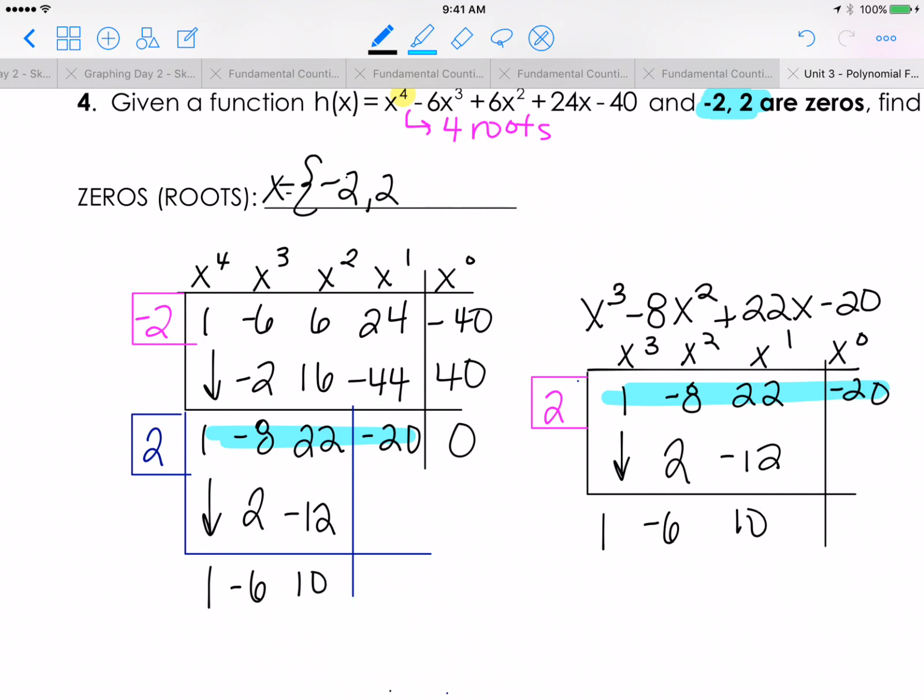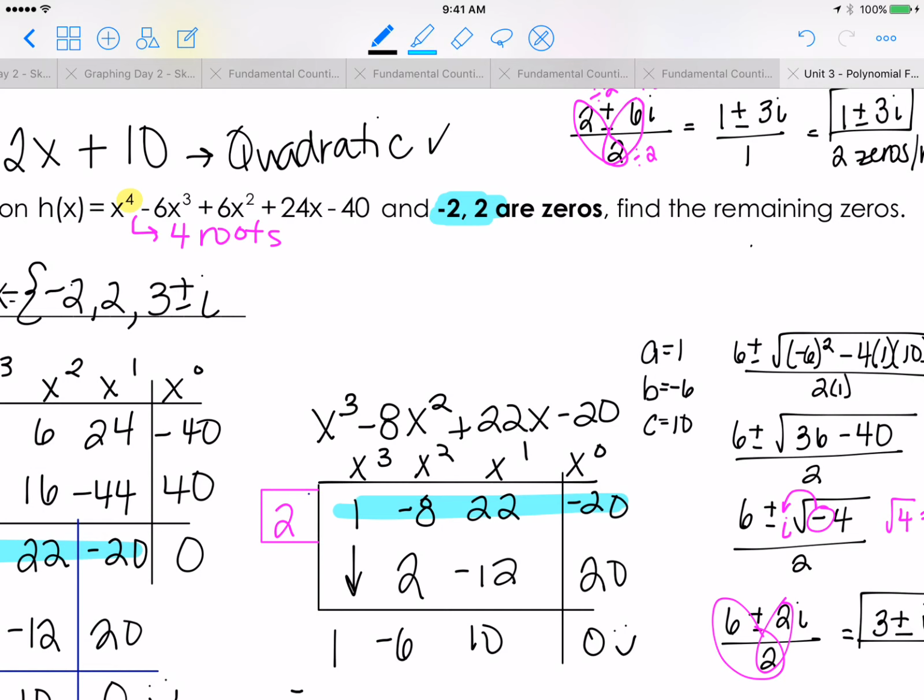Don't forget to simplify. All right, so we have found our other two roots. So we can add this over here, and it is -2, 2, and 3 plus or minus i. And there we go. All right, I'm going to stop for now and pick up later.